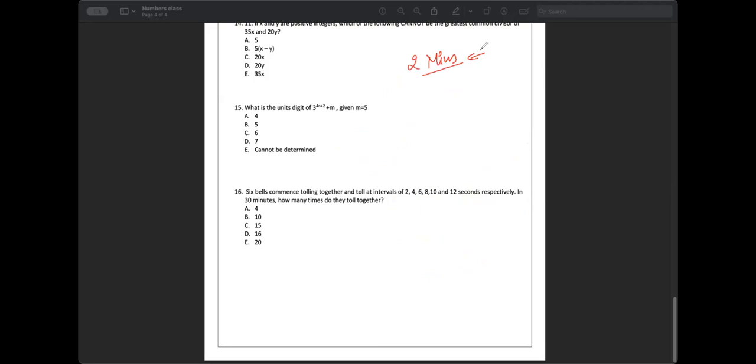Now, in 30 minutes, how many times do they toll together? So 2 minutes, 30 minutes upon 2, 15. So should it be 15 or 16? Lakshya, you're getting 16. Jay, you're getting 15. So which one to go with?